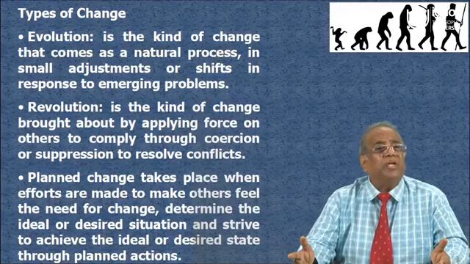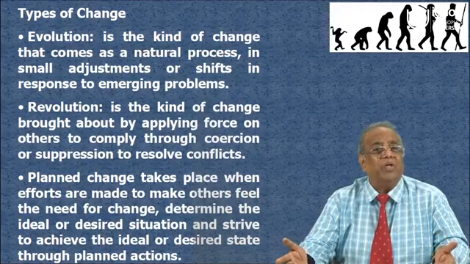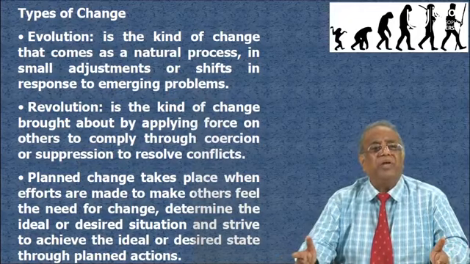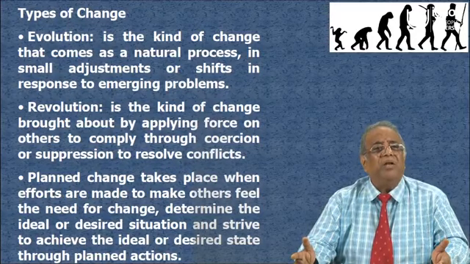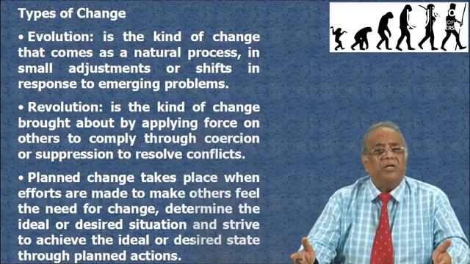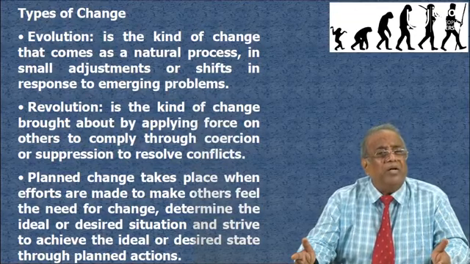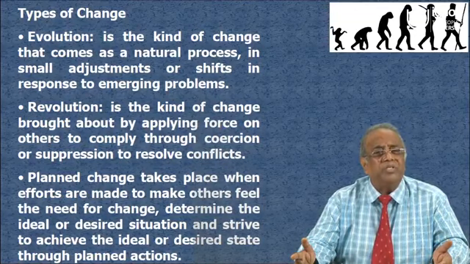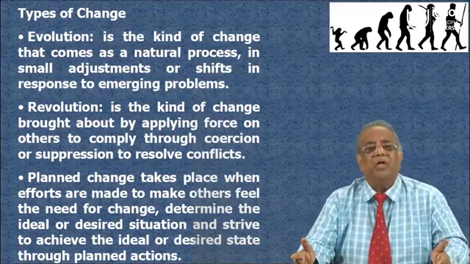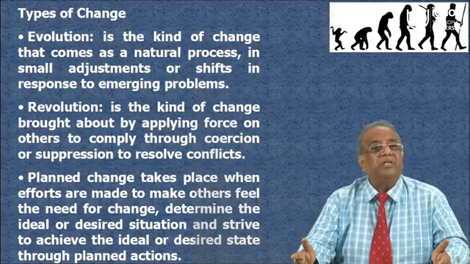Revolution is a kind of change brought about by applying force. Planned change takes place when efforts are made to make others feel the need for change, determine the ideal or desired situation, and strive to achieve the desired state through planned actions.